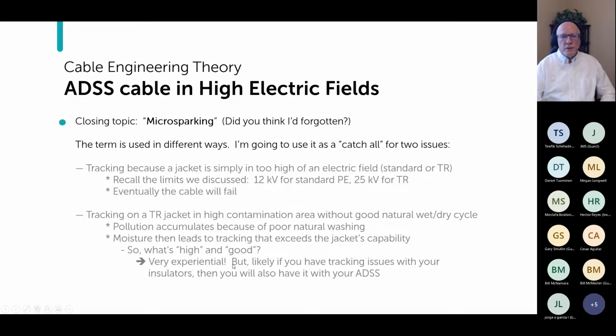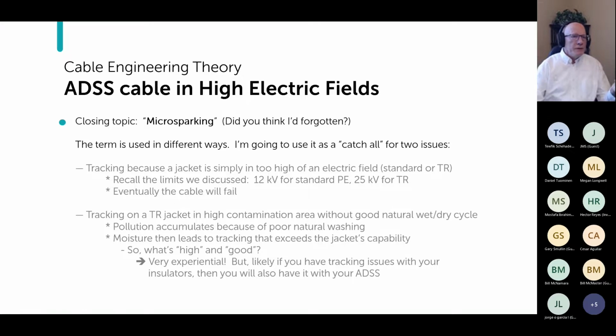So it's very experiential, but my recommendation is that if you know that you've had tracking issues with your insulators, because they're subject to a similar problem of too much pollution or contamination accumulating on them, and then tracking and the insulator getting damaged and then failing electrically or mechanically, then you're probably going to have the same problem with your ADSS.